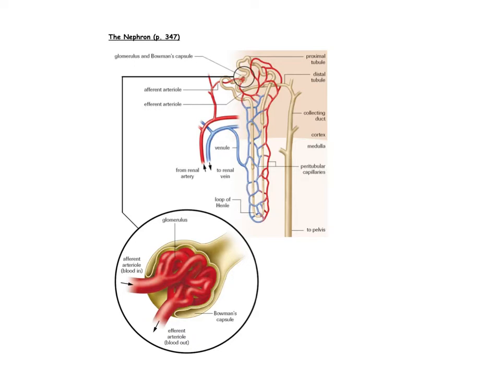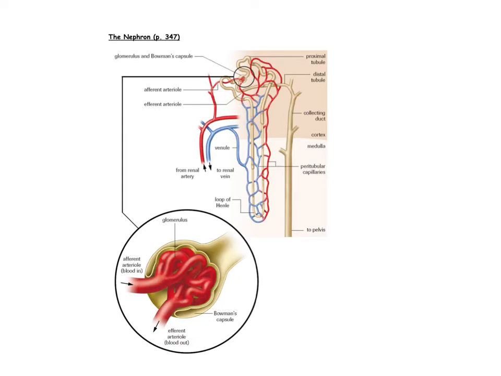For example, a doctor who might be concerned with kidney function is called a nephrologist, and that's a function of the fact that they would have to know a lot about the nephron. If you were to zoom in on the kidney, what you would see would be millions and millions of these little structures called nephrons.